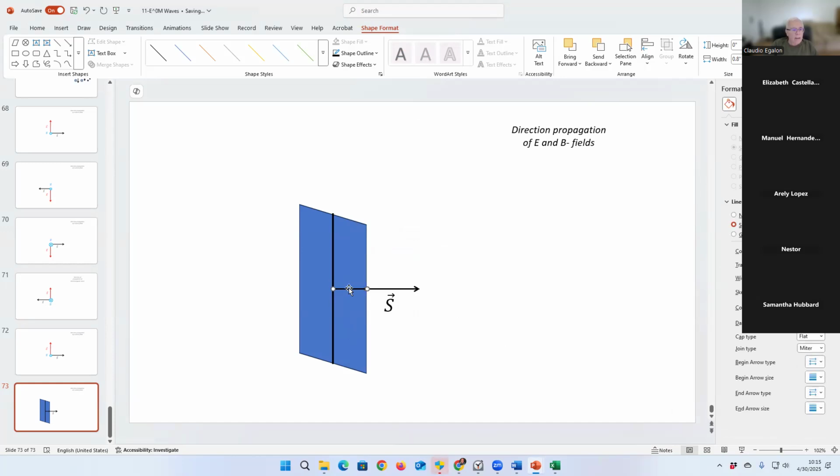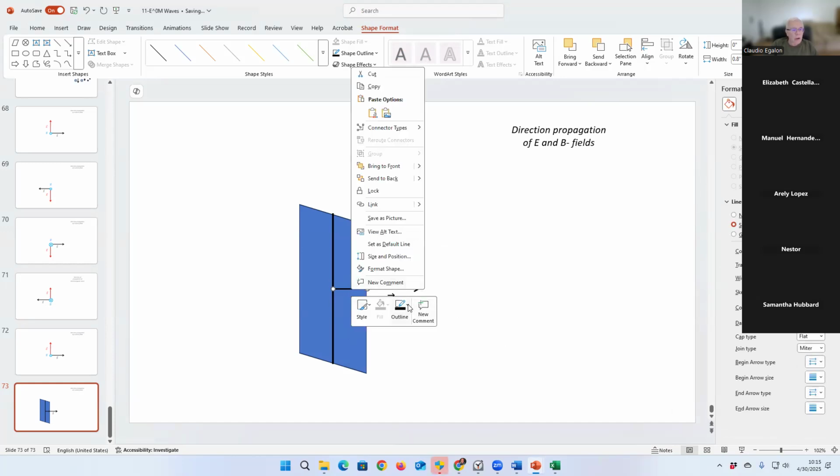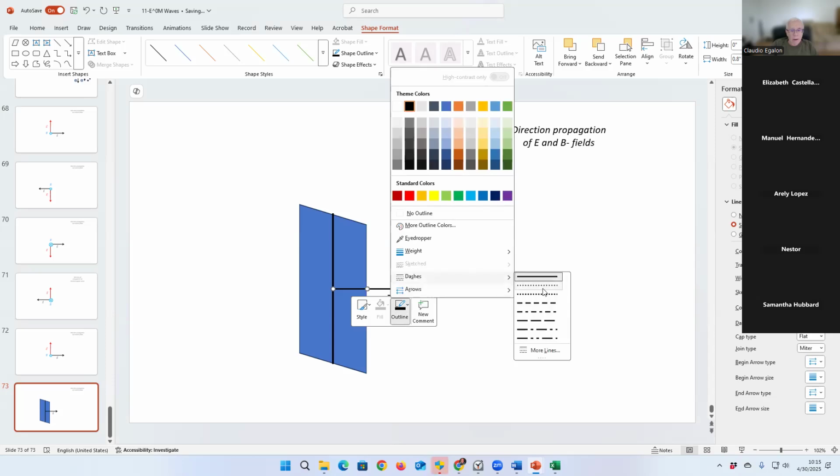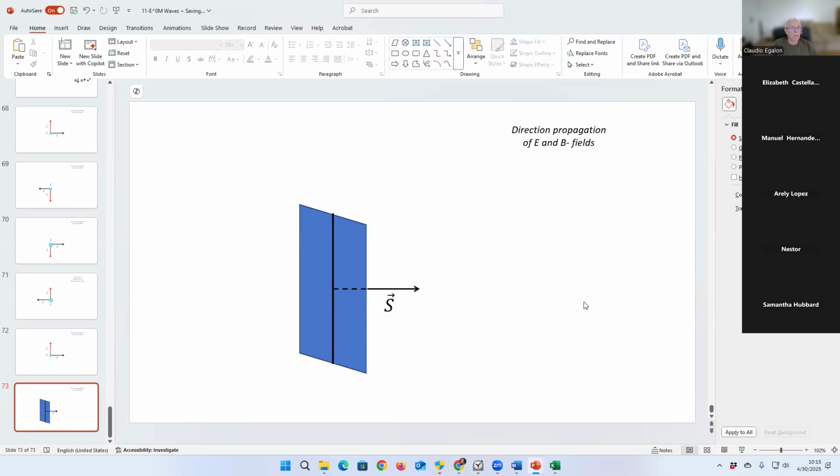Here you go. And then I'm gonna dash this guy here to give you the illusion that what we have here is a front wave, the wave front. I'm looking from the back of the front of the wave, and here are the coordinates.